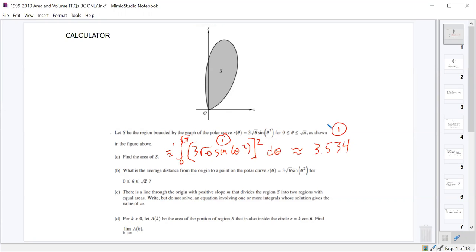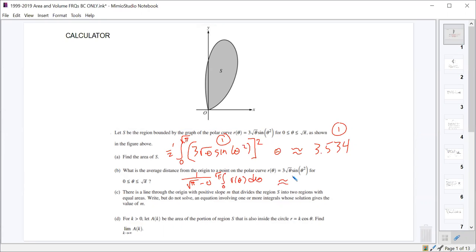All right, part B asking for the average distance from the origin to a point on the curve. Well, the distance from the origin to a point on the curve is just that function, right? That's how we define this. That's the r value. r is that distance from the origin to the curve. So if we want the average distance, that's the mean value theorem for integrals. So that should be 1 over root pi minus 0 times the integral from 0 to root pi of, I'm not going to write that whole function out again, r of theta d theta.